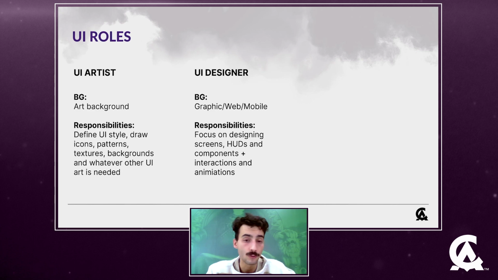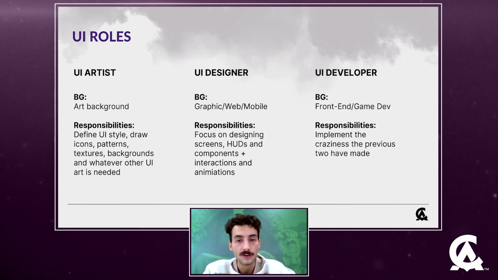What does that mean? For example, all of those cool transitions that you saw in the Persona videos earlier in the slide, that's usually the work of a UI designer. And then we have the UI developer. So this person usually comes from a front end or a game dev background. So, they're coders, and their main responsibility is implementing all of the craziness that the previous two roles have made for them.